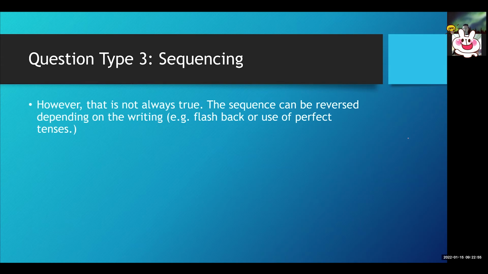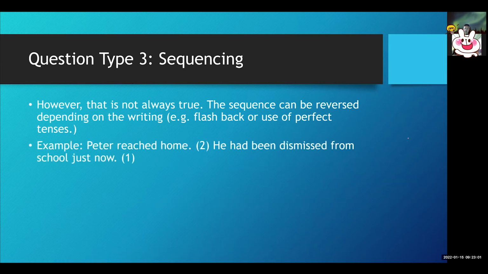For example, you have a flashback, or you see the use of language like perfect tenses. Example: "Peter reached home. He had been dismissed from school just now." There are 2 ways to know why this is first. First, this is the perfect tense. When you see perfect tense, you know that this happened before the other. So you have to put 1 here.